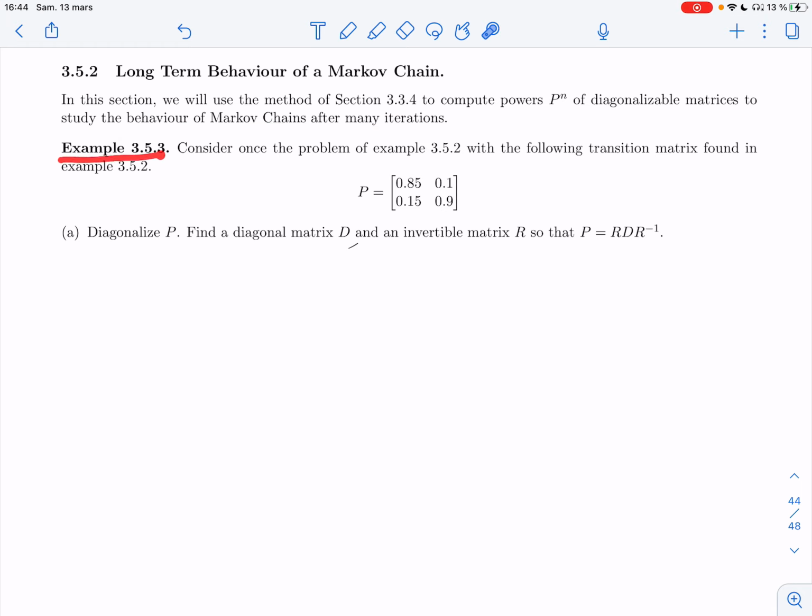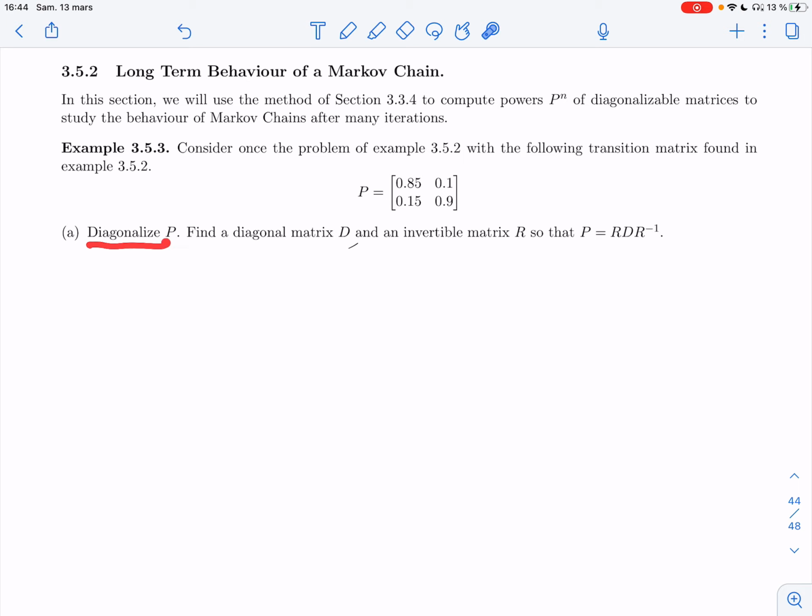All right, so example 3.5.3: consider once again the problem of example 3.5.2 with the following transition matrix found in example 3.5.2. This is the transition matrix that we're looking at, the one that we found in the conservative versus liberal question.